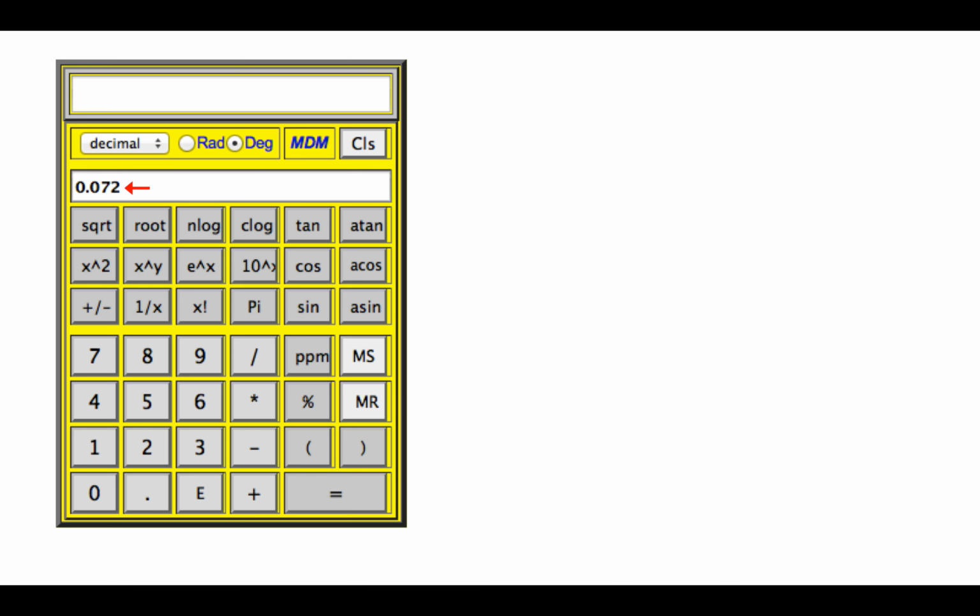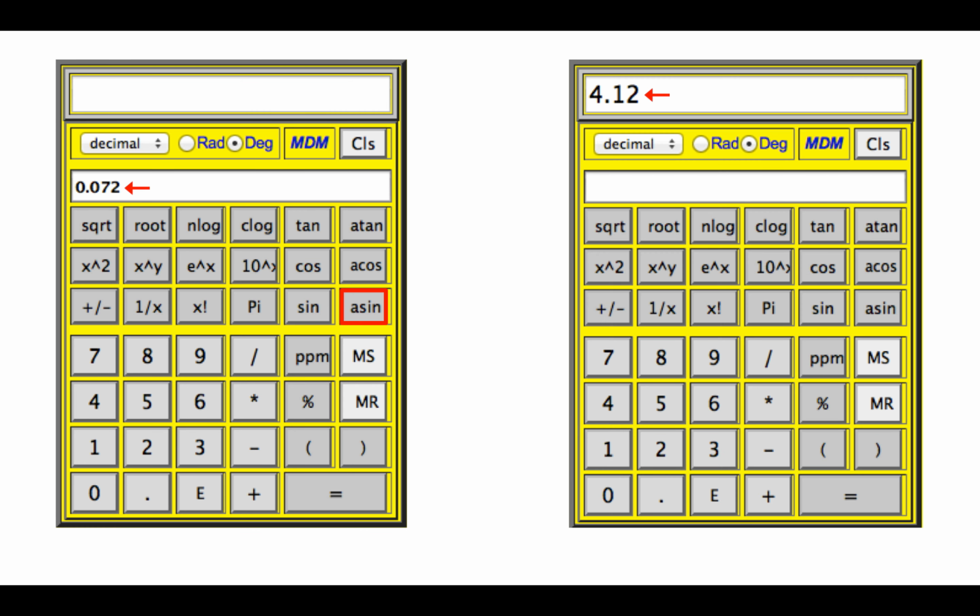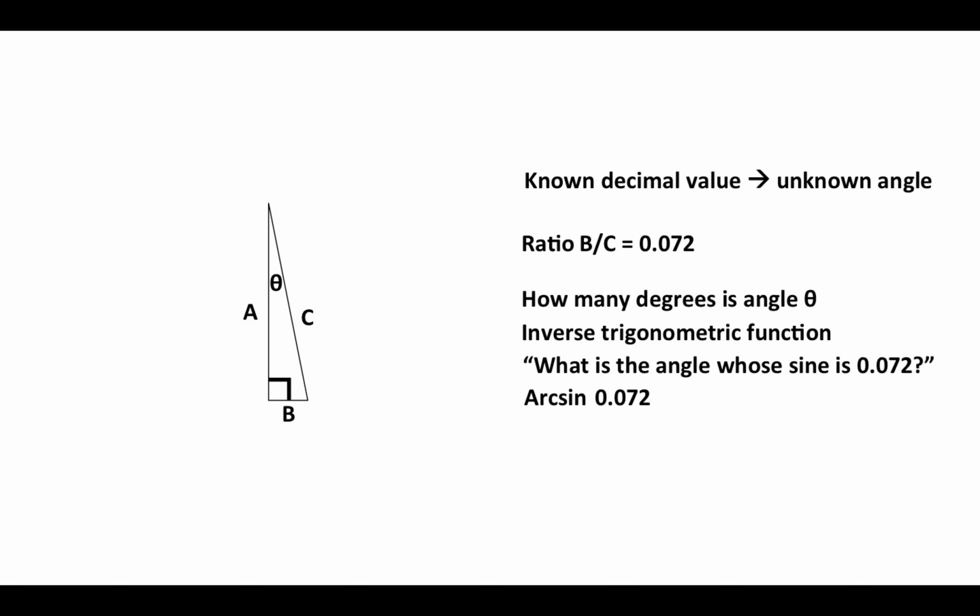So I type into my calculator 0.072 and push the arcsine button. That gives me the angle of 4.12 degrees. So my arcsine of 0.072 is 4.12 degrees. So angle theta is 4.12 degrees.